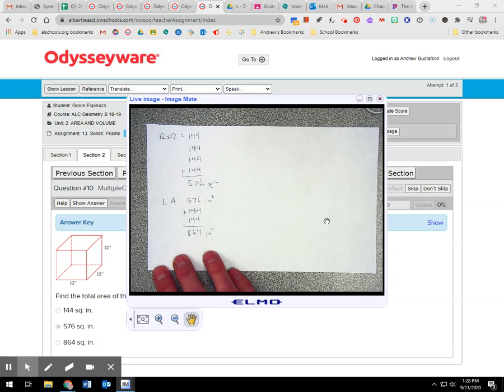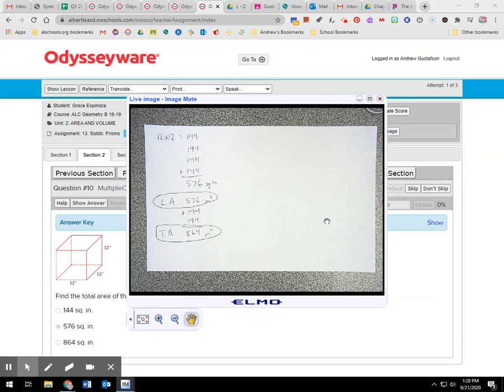And that's how you find the total area. So this is the lateral area. The total area, you're going to add the top and the bottom. Okay, hopefully that helps clear up the difference between the lateral area and the total area. On a rectangular prism, you find the 4 rectangles around the outside for the lateral area. For the total area, you add the top and the bottom.